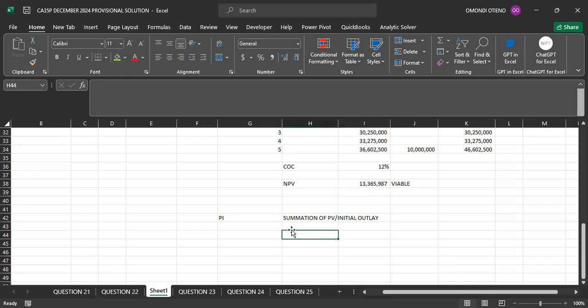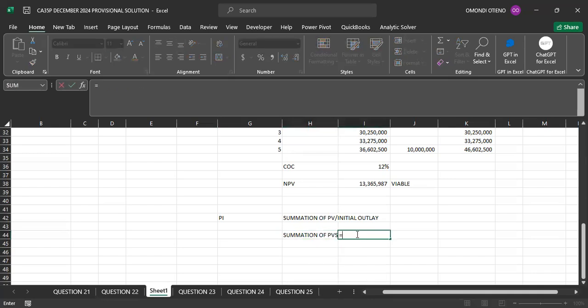So let's just have it. Summation of present values is basically equivalent to NPV.